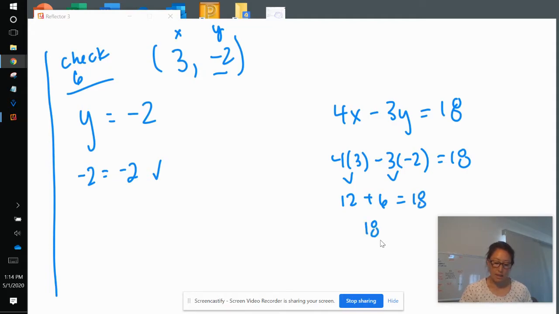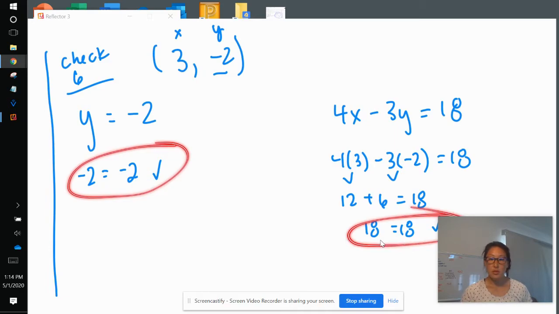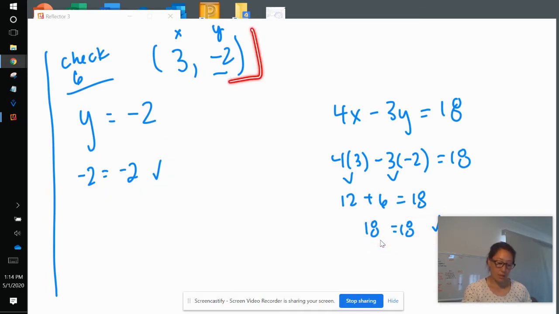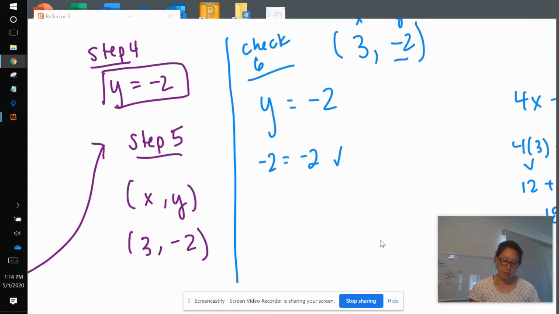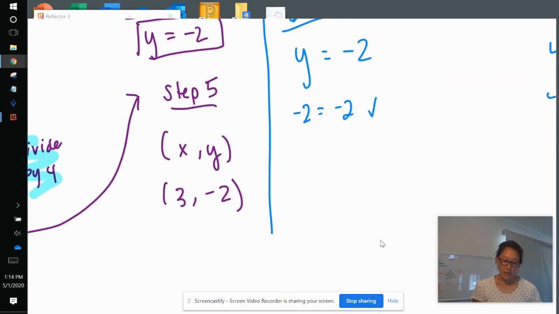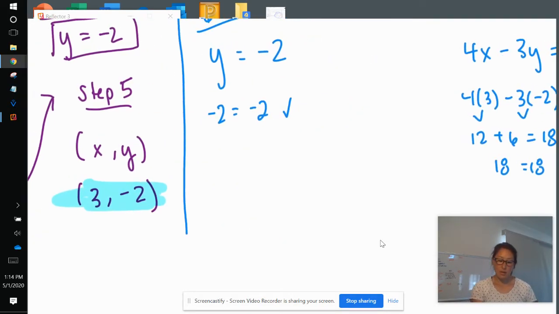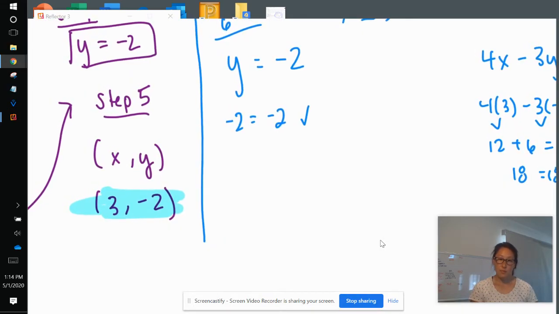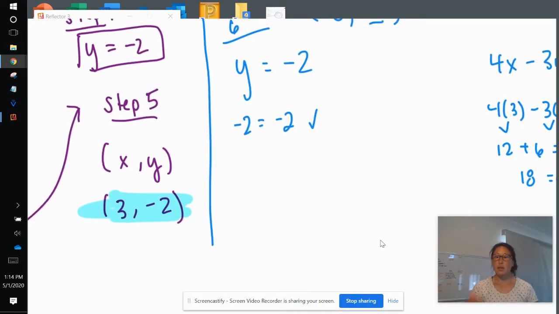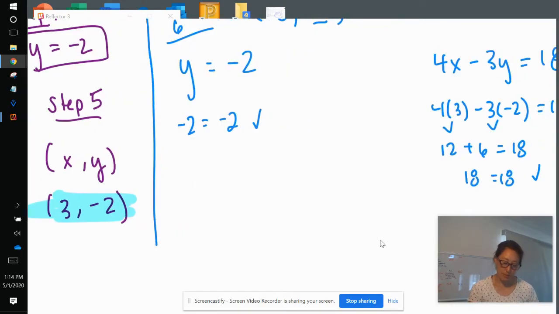I see that 18 is equal to 18. Both of these verify. True and true. So I know that my solution, 3 comma negative 2, is the solution to the system. So I'm going to go back and I'm going to highlight that this is the solution. If these do not come out as true and true, again, you need to go back and redo the problem.